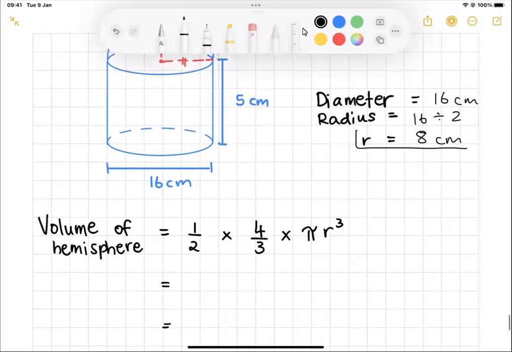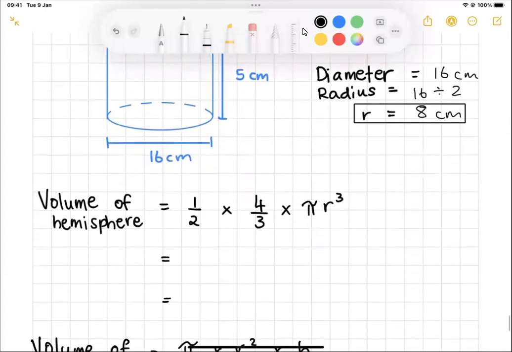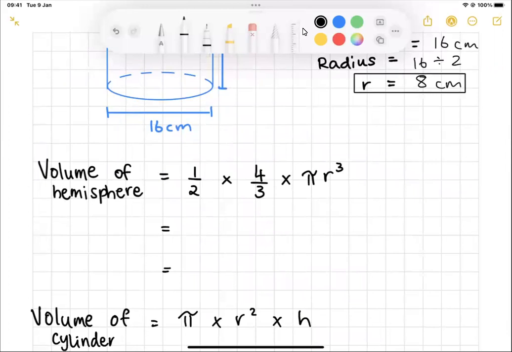We've done that. Now, this is one strategy. I want you to first figure out the volume of the hemisphere, then the volume of the cylinder, then add those two volumes together. So first off, the volume of the hemisphere.